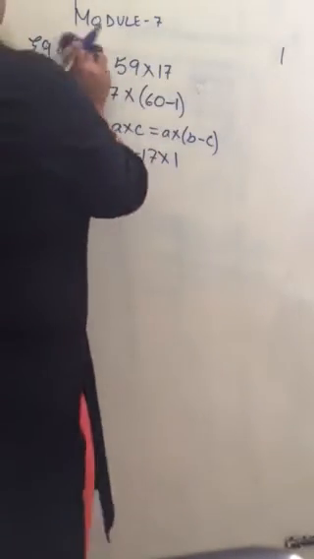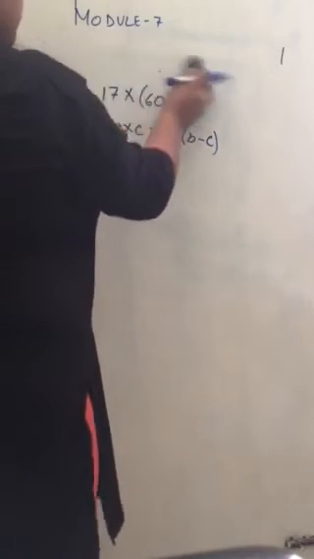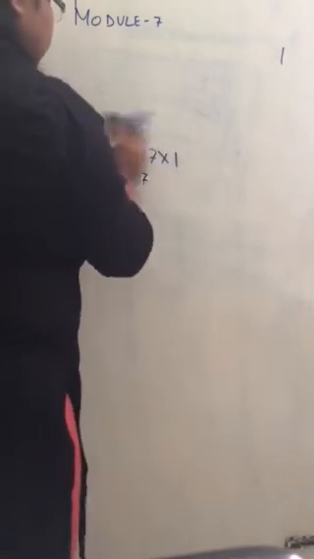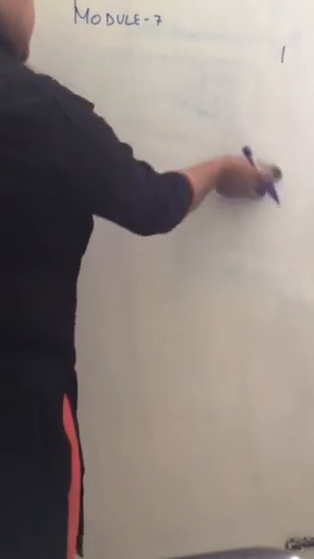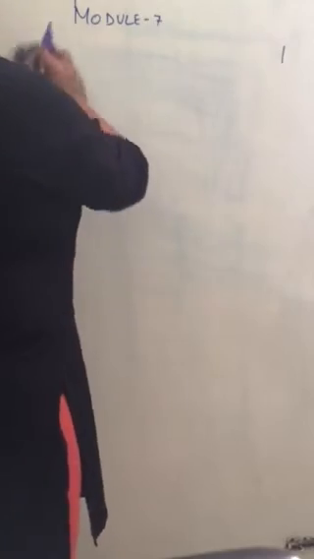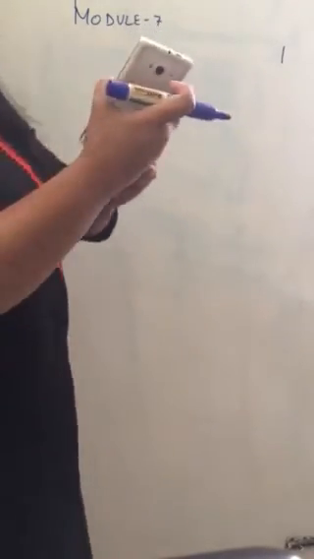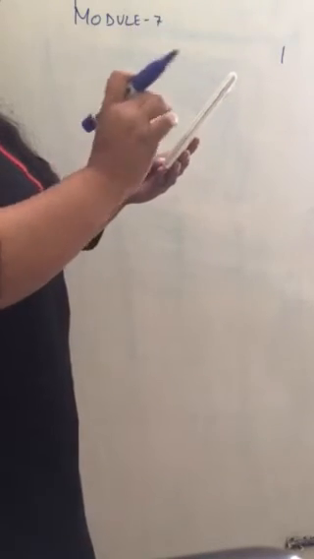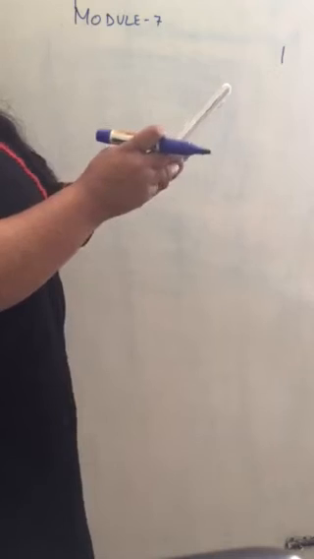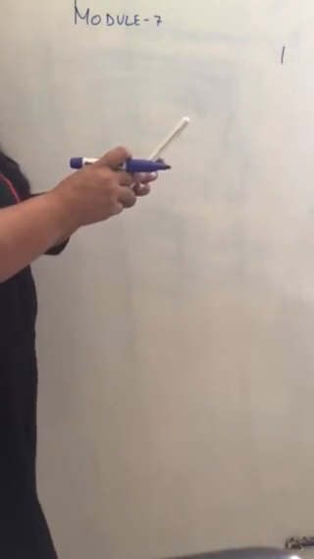Now let us do from your exercise 2.2 question number 5. Now many of you, if you have not seen the question, you can open the book. Let me read out the question for you. You open the book when I am reading the question.